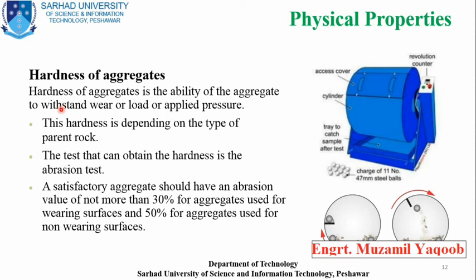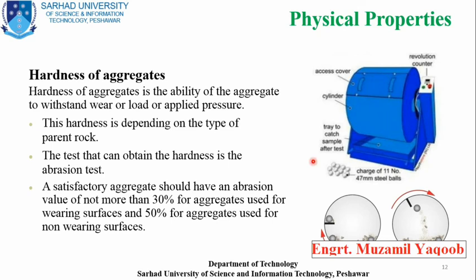For example, the apparatus we use to check the hardness of aggregate is known as the Los Angeles abrasion apparatus. In this picture you can see how the apparatus looks.